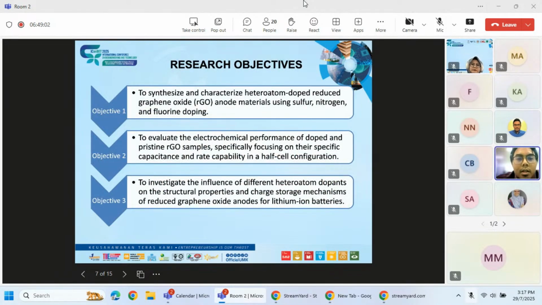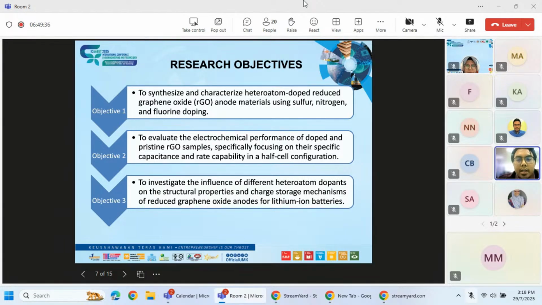So moving on to the research objective of this study. The first objective is to synthesize and characterize heteroatom doped reduced graphene oxide, also known as RGO, anode material. This involves doping the RGO with elements such as sulfur, nitrogen, and fluorine to enhance its properties. The second objective focuses on evaluating the electrochemical performance of both doped and pristine RGO samples.